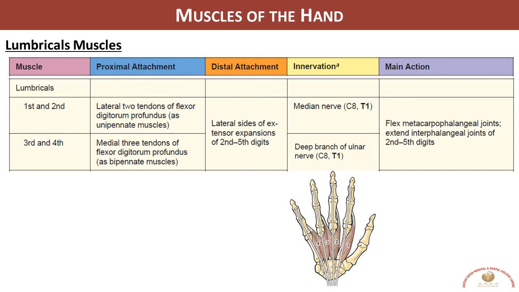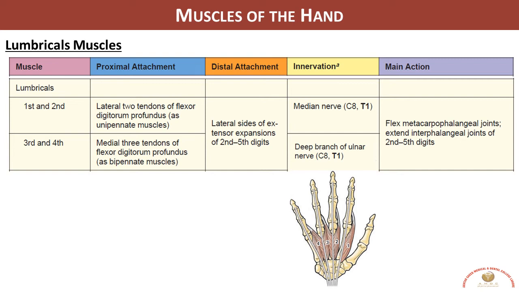If somebody asks you in the viva, this muscle is not that important, but I'm going to give you a small view. The palmaris brevis is a subcutaneous muscle coming from the subcutaneous tissue of the hypothenar eminence. It is not in the hypothenar compartment.